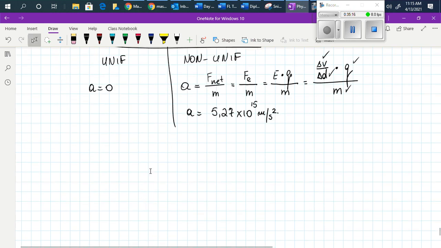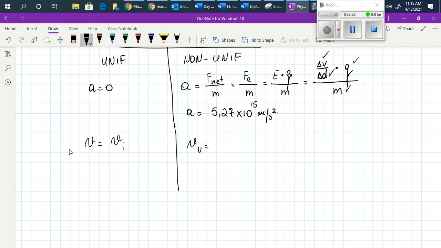Okay, and now we continue with the rest of the equations. So we'll have velocity in the horizontal is equal to the initial velocity, which we don't know. And velocity in the vertical will be acceleration, so 5.27 times 10 to the 15 times time.